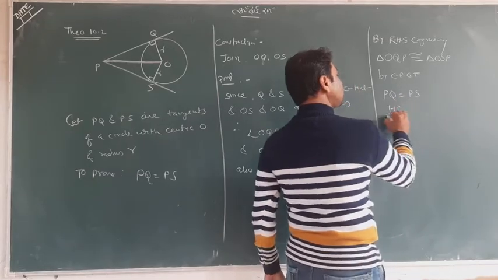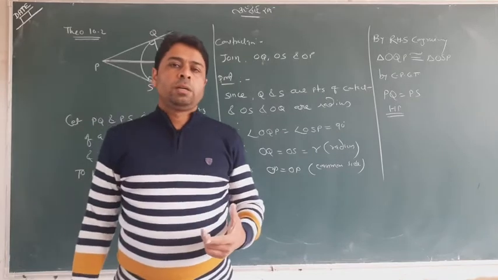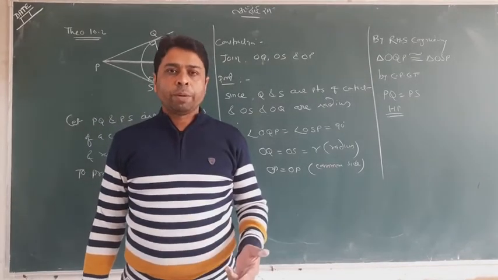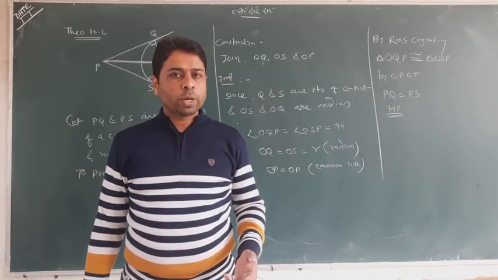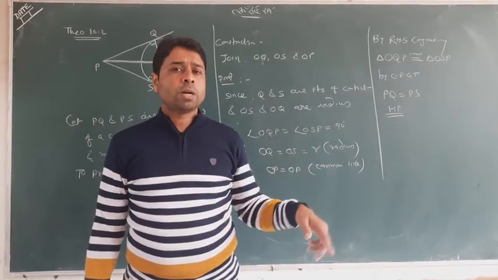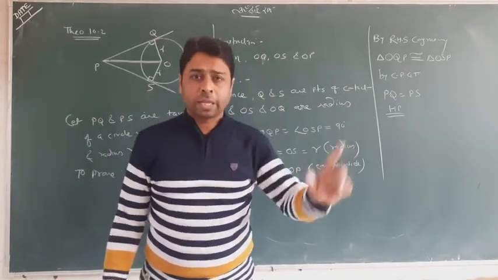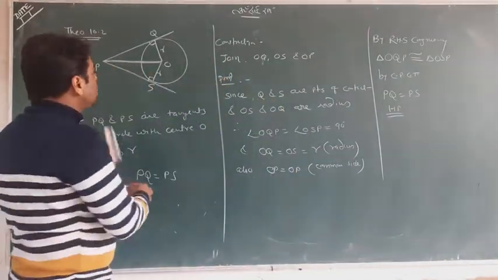Hence proved. This is a very simple thing, but remember it as a particular outcome. Whenever this condition comes, you can follow it directly, and just write that the lengths of the tangents drawn from an external point to the circle are equal in length.